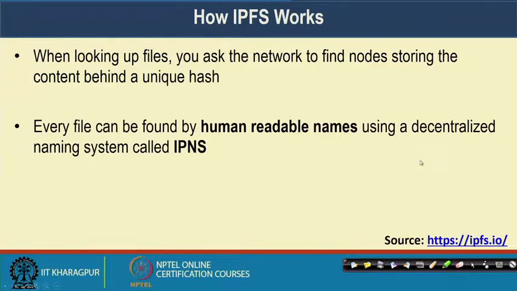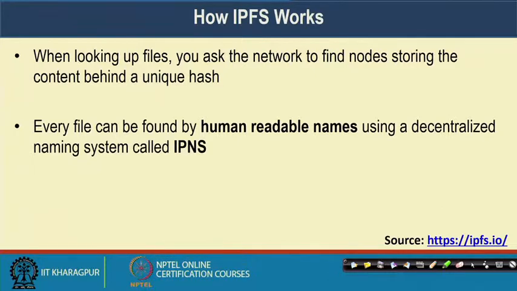So, when you make a lookup on the files, you ask the network to find nodes which are storing the content behind that unique hash. Every file has a unique hash, and by using that hash you can look up which user has that file. Every file can also be found by human readable names, which IPFS implements using a decentralized naming system called IPNS, the InterPlanetary Naming System.